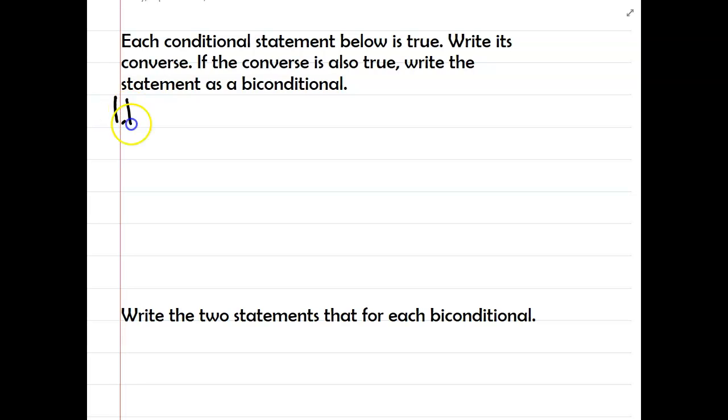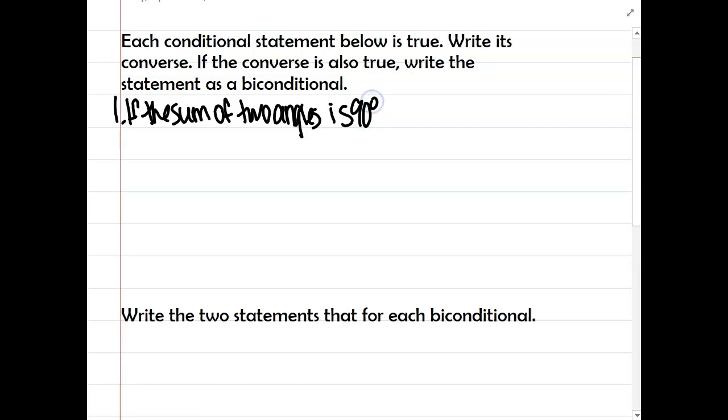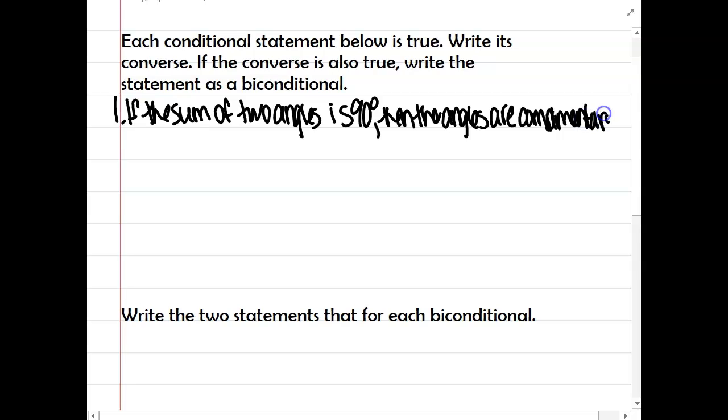So number one, if the sum of two angles is 90 degrees, then the angles are complementary.